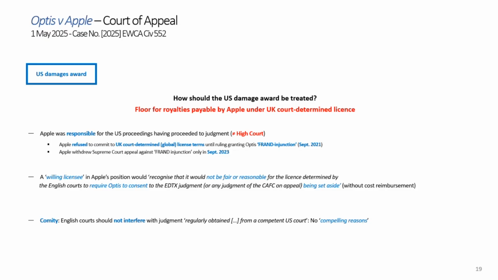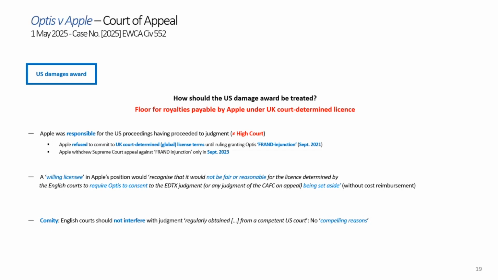Finally, also comity played a role here by saying that the US damage awards should be taken into account, because the court said that English courts should not interfere with judgments that have been delivered and regularly obtained from a competent US court, especially since no compelling reasons for doing that were presented here.